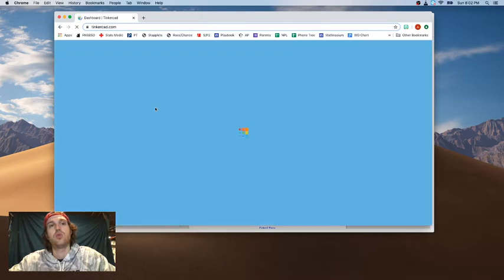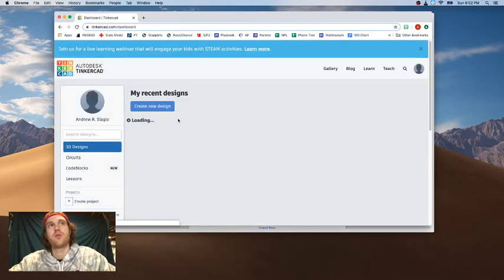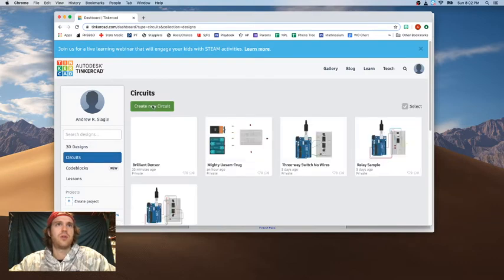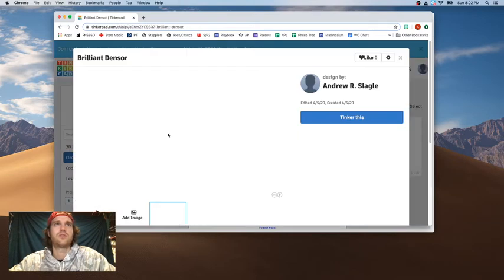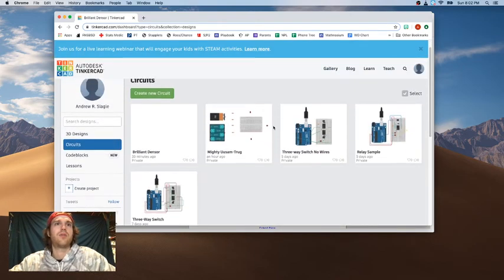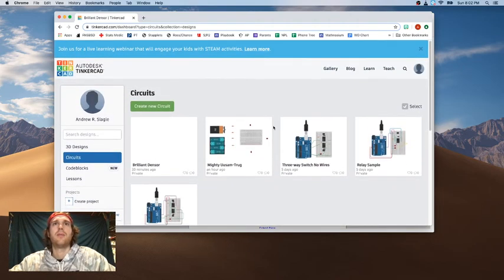You can do digital 3D drawing. You can also mess around with circuits and do some coding as well. So we're going to go to circuits, and we are going to open up a new circuit. These are all the circuits that I've created here on this account. You can just press create new circuit if you want to try this.